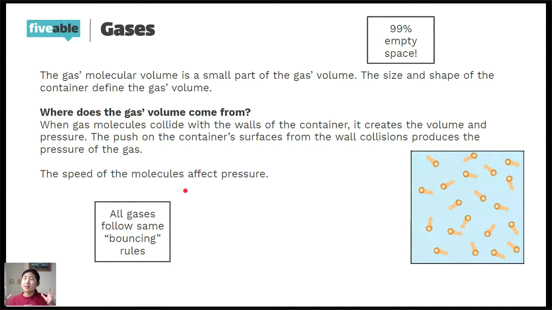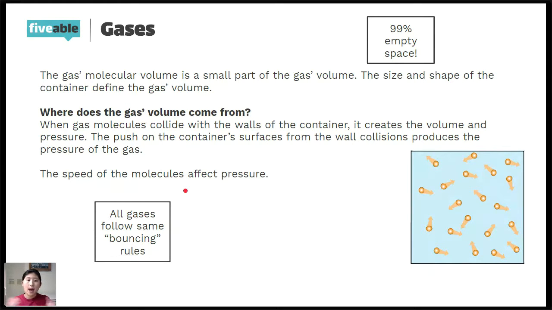Think of holding a sphere of marbles. If you shake it gently, the marbles bounce around at a slow speed. But if you shake it very violently, and the marbles bounce at super high speed, it creates a lot of pressure on the container.